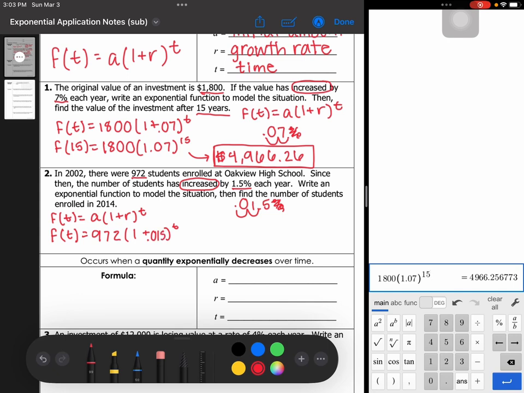Now, to find the number of years, we need to look at the fact that we started in 2002 and went to 2014. So how many years are between 2002 and 2014? That would be 12 years. So everywhere that I see a t, I'm going to put a 12.